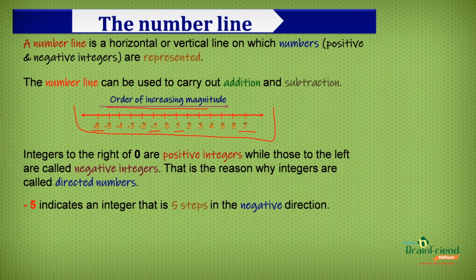Also, when you have a negative number, for example, -5, this indicates that we have to move 5 steps. That means from 0, we move 1, 2, 3, 4, and 5. That's what -5 means. And that is also why it is a directed number.